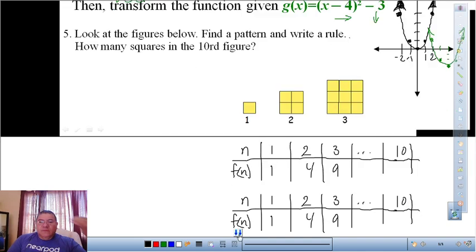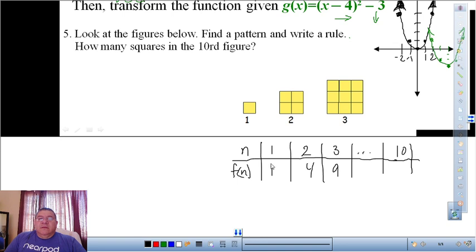Alright, we'll look at it. So let's see what's happening from here to here. Is there anything we can do to this to get this, to this to get this, to this to get this? Who's got it? What do you guys think?